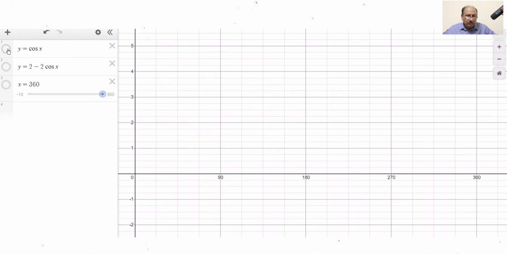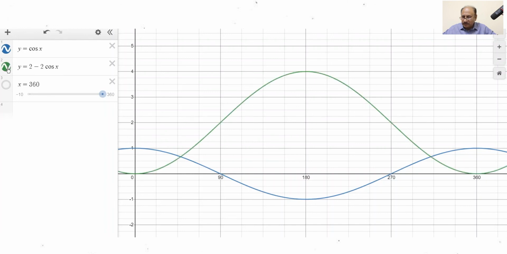So the normal cos x graph looks like this one. This is from 0 to 360 or 2 pi we have drawn over here. And the graph which we want to draw is y is equal to 2 minus 2 cos x, and this is our graph which you can see in green color, and up to the 360 line which we can check.